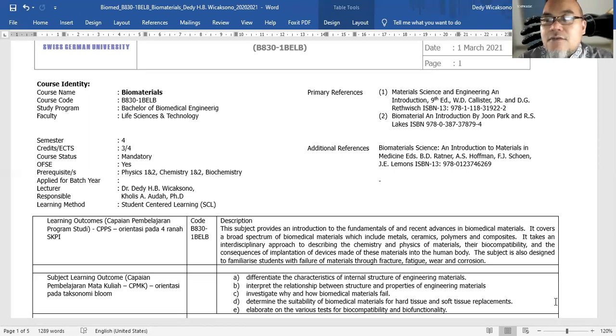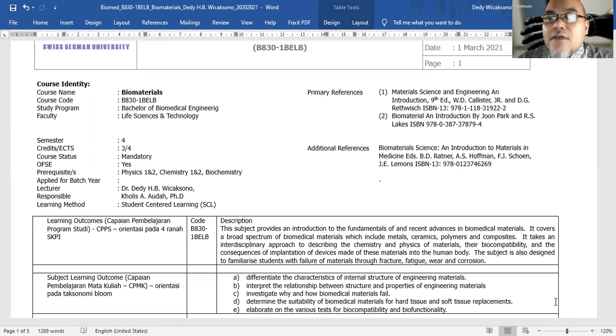This usually includes metals, which are still one of the most widely used biomedical materials. But there is also increasing use of ceramics, especially in fields like dentistry. Then polymers in the field of wound healing and some other things. And composites.